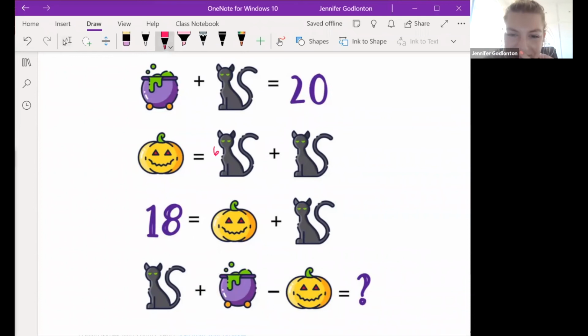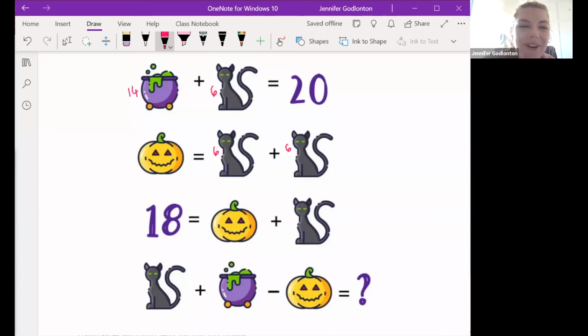And then the pumpkin, the soup or whatever it is, the cauldron, it's 1. And then the other thing is also 1. Yes, ma'am, 1. Ma'am, you see now.